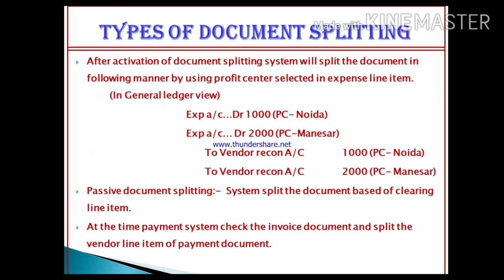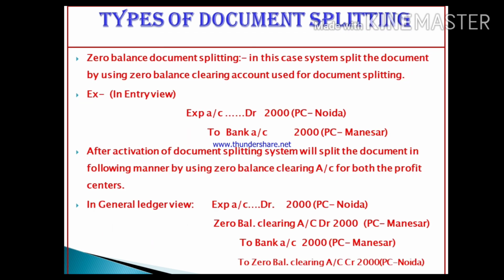Second is passive document splitting, which splits the document based upon your clearing line item. And third is zero balance document splitting, which splits the document based upon your zero balance clearing account. So these are the three document splitting types.